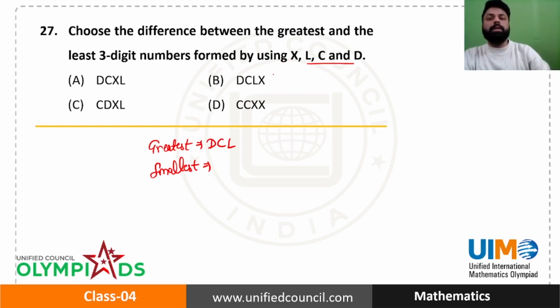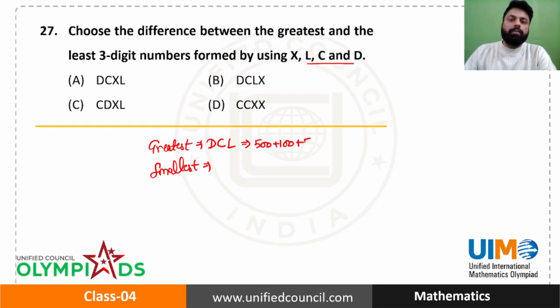Choose the difference between the greatest and the least three-digit number. So if we talk about the greatest one, this is 500 plus 100 plus 50, that is equal to 650.